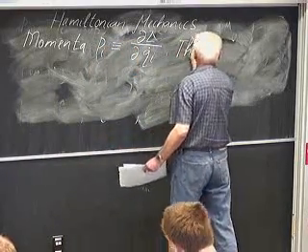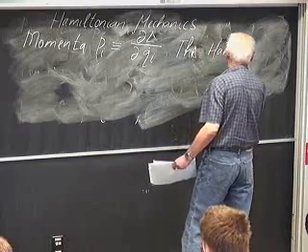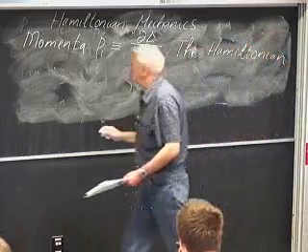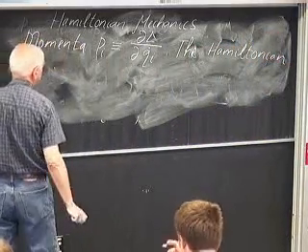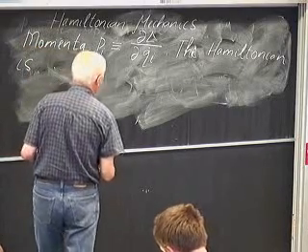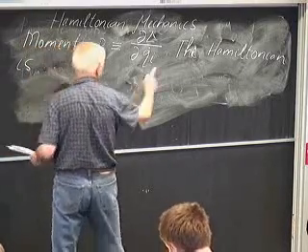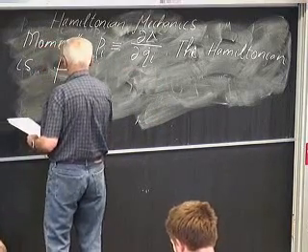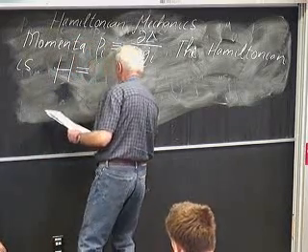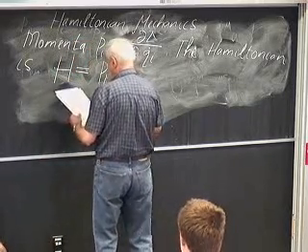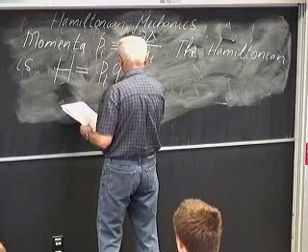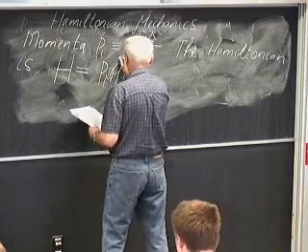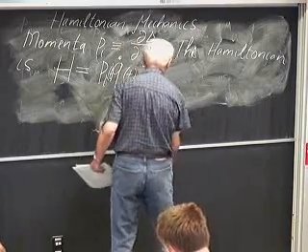The Hamiltonian is H, and this is the definition: p_i q_i dot, of course, everything depends on time, times minus the Lagrangian.